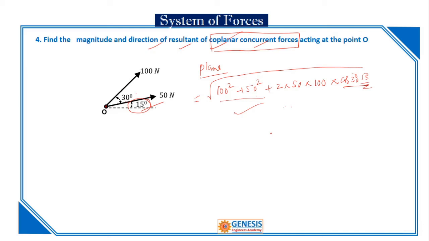So he is asking only for the magnitude, and this is R, and you have to find alpha also.